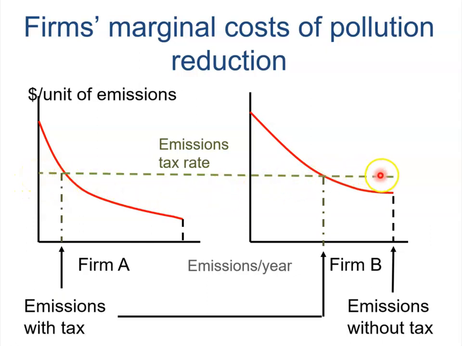This other firm here, Firm B, maybe it has older technology or it's using different technology, and it's more expensive for this firm to reduce its pollution. So this firm would reduce pollution to this point here, but it would prefer to pay this tax rather than to pay these additional costs of reducing pollution.